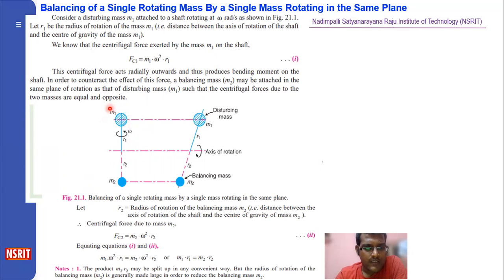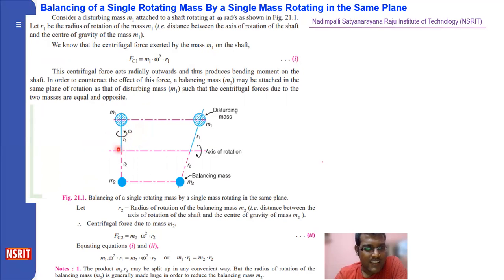This is the disturbing mass, where M2 is the balancing mass. Consider a disturbing mass M1 attached to a shaft, rotating at omega radians per second. Let R1 be the radius of rotation of the mass.